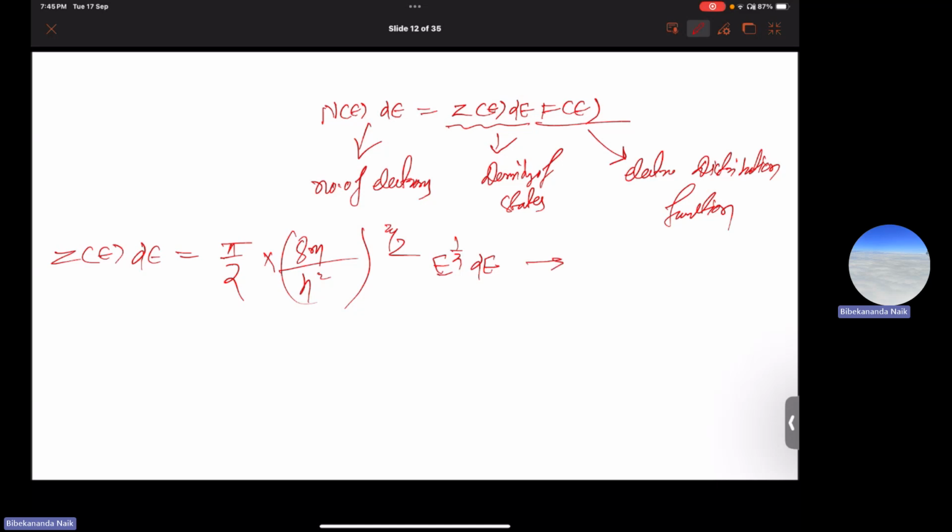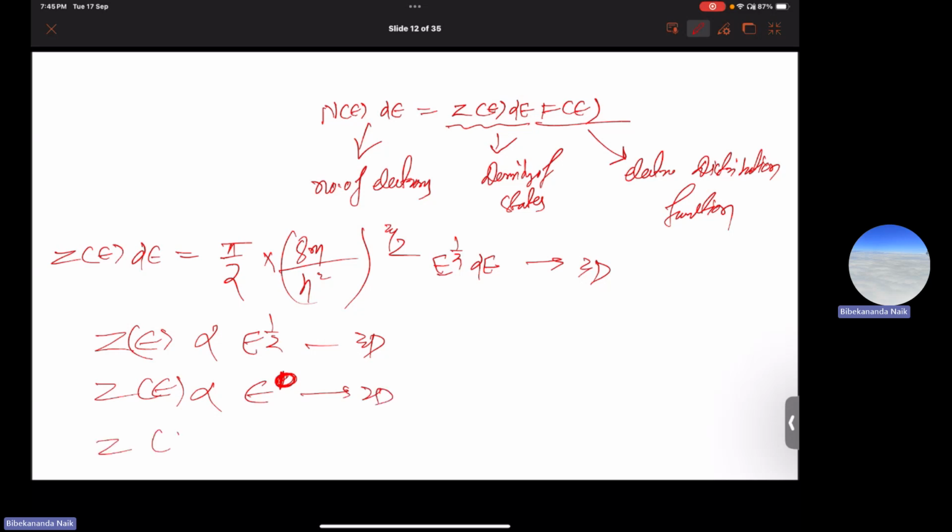So in three dimensions, Z(E) is directly proportional to E to the power half. It is proportional to E to the power 0 in two dimensions, and E to the power minus half in one dimension.